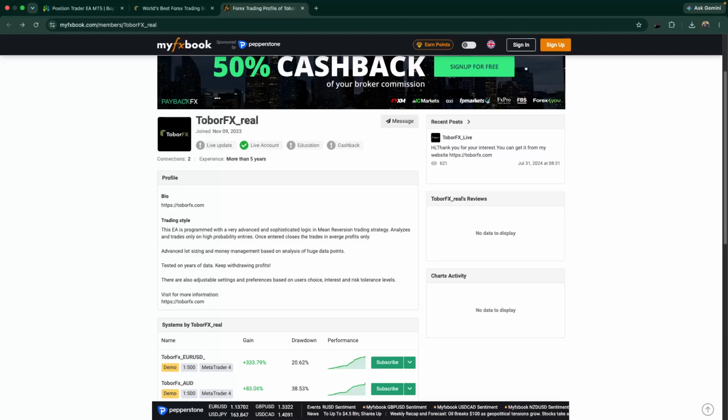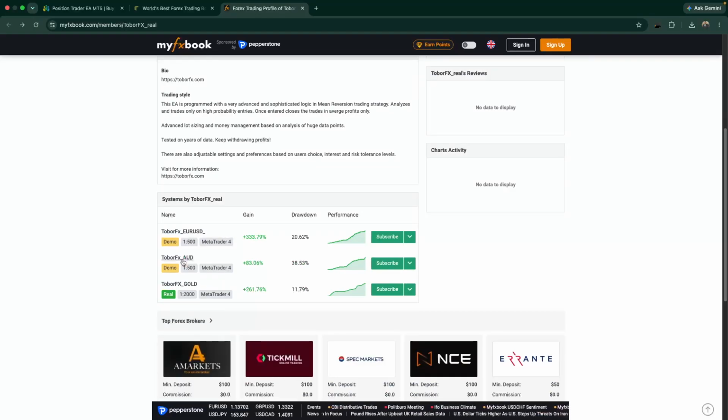They do not have any demo, so we can't really run independent backtesting, and also we can't trust them based on what they say, which is why they have provided this MyFXBook for independent verification. So we'll have to just rely on the MyFXBook records. We have just two demo accounts which have been tested, and we also have the real account which was tested on gold. Now we're looking at each of them.